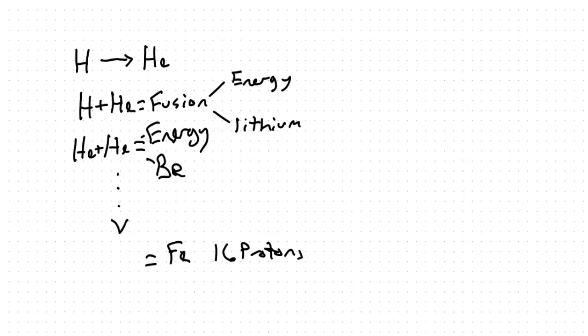So after iron, for instance, we have copper. We have selenium. We have krypton. So how do we get this other stuff? Where do the rest come from?